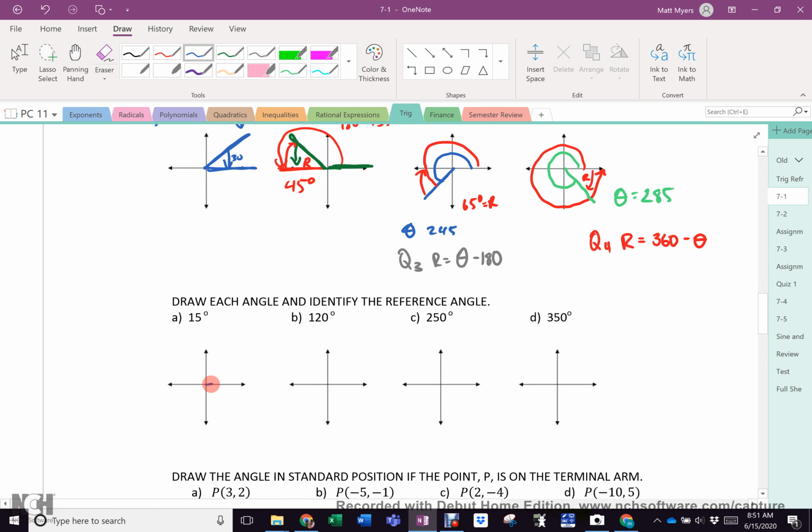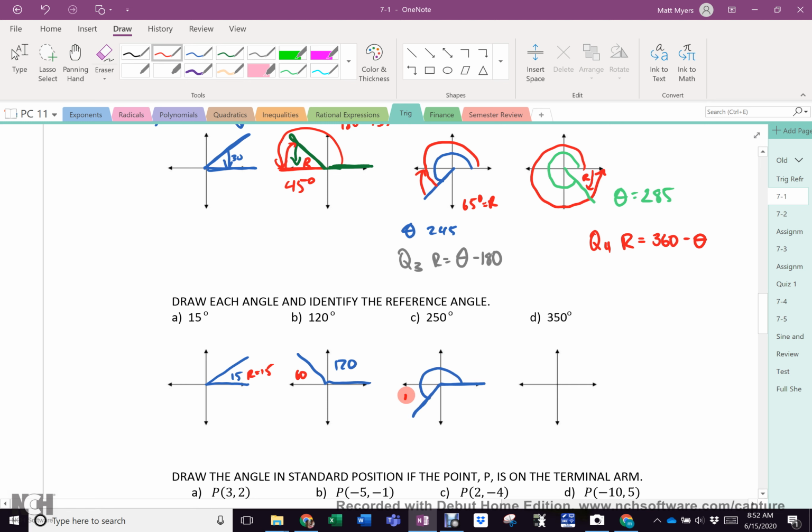So let's do that down here. Reference angle of 15, it's not 90, goes right there. So this is 15, and our reference is 15. 120, that comes out here. 120 is theta. This is 60. 250, that comes all the way around to here.